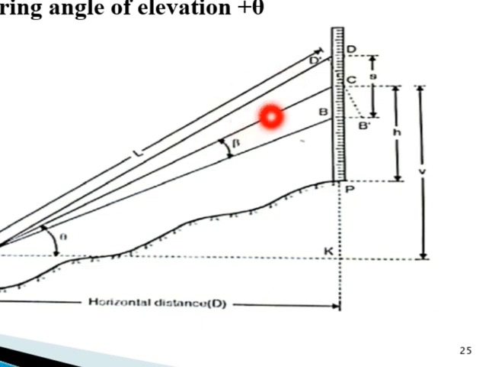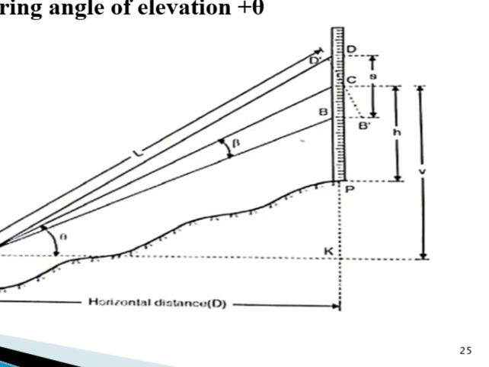You can see it here. Next, the angle C, A dash, K, this angle, is the inclination of the line of sight A dash C to the horizontal.